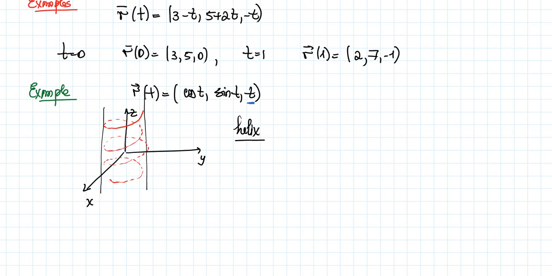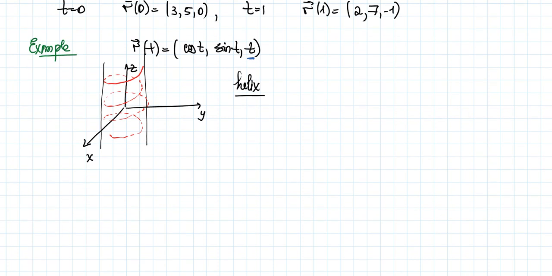For us, it is important to define the vector equations, and at the same time, it is important to do some calculus with them. What we're interested in is to find the derivatives of the vector equations and the integrals over the vector equations. So let's start with the derivatives.